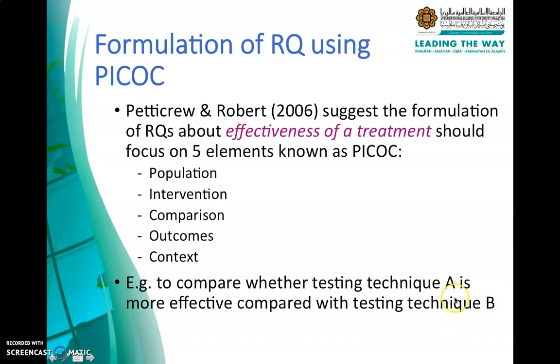We wanted to see to what extent A is good, or to what extent B is good, or whether B is more effective than A. Then we can formulate our review in such a way that we define the PICOC.